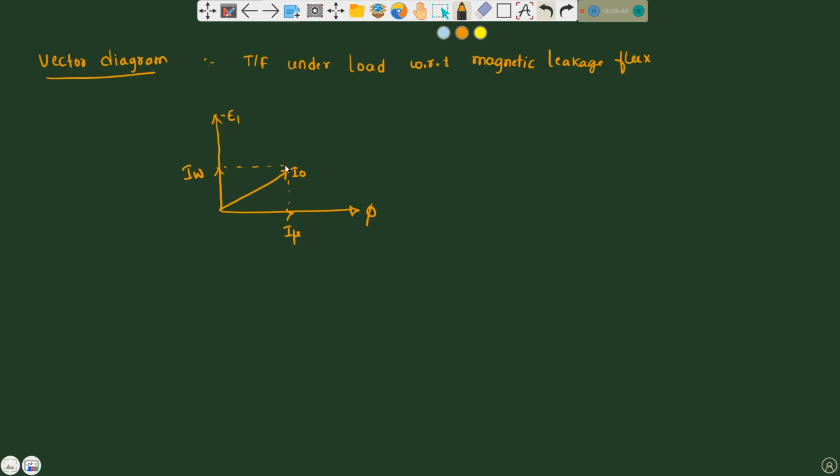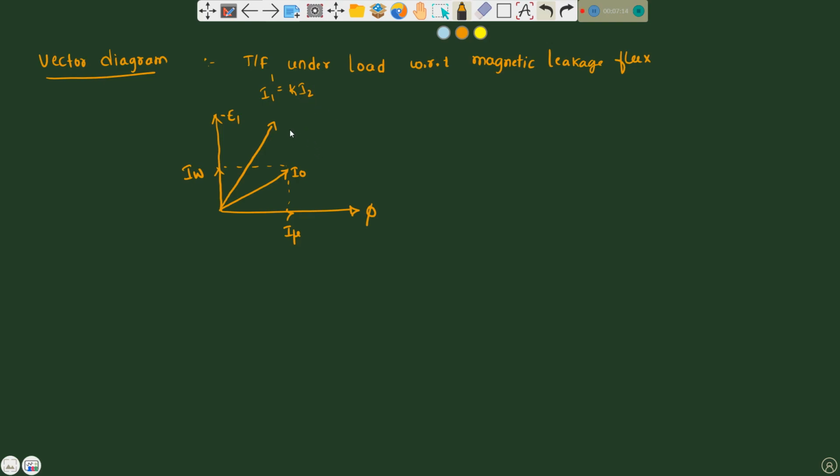Then we will have a current which is due to what? The load component of current, that is I1 dash on the primary side. This will be K, the transformation ratio. The K will always be less than 1.